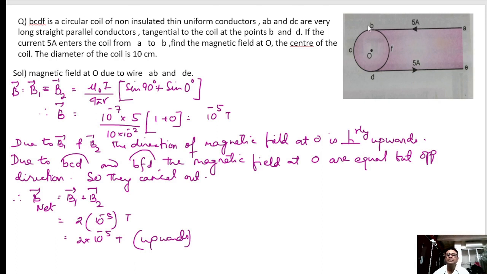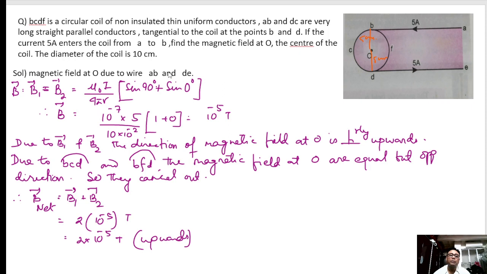Next, see BCDF circular wire, and BA is a straight wire and DA is a straight wire carrying current 5 ampere. So what is the magnetic field? And they have given that the diameter is 10 centimeters, so the radius is 5 centimeter.